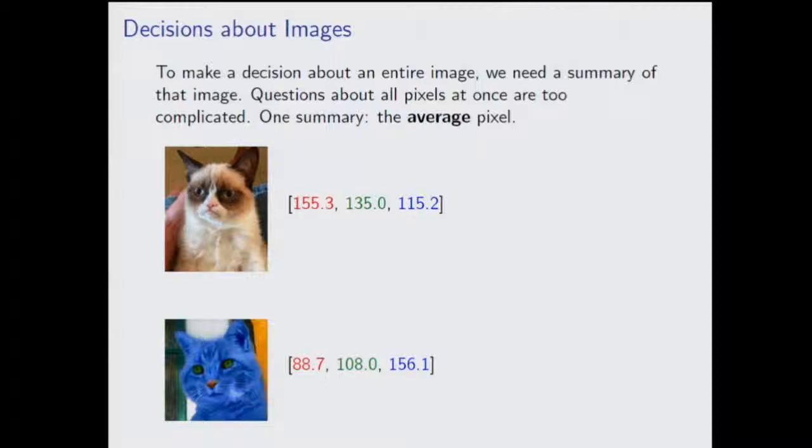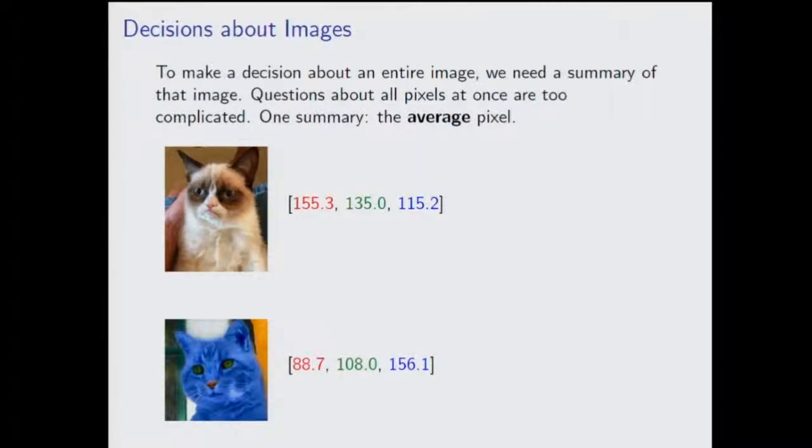So if you take Creepy Blue Cat here, his average pixel, and this is the actual real deal, I computed this, his red average is much lower, and his blue value is much higher, which is reflected in the fact that it's mostly blue. His green value is actually pretty big as well.